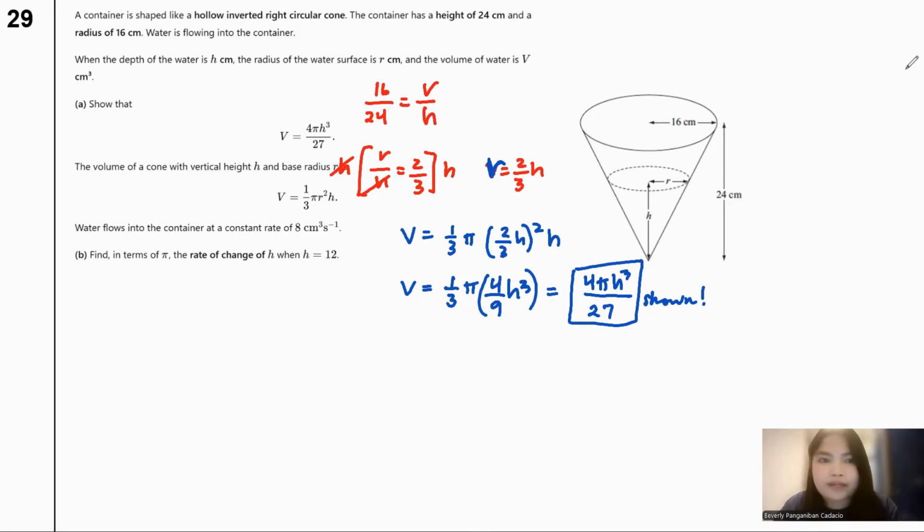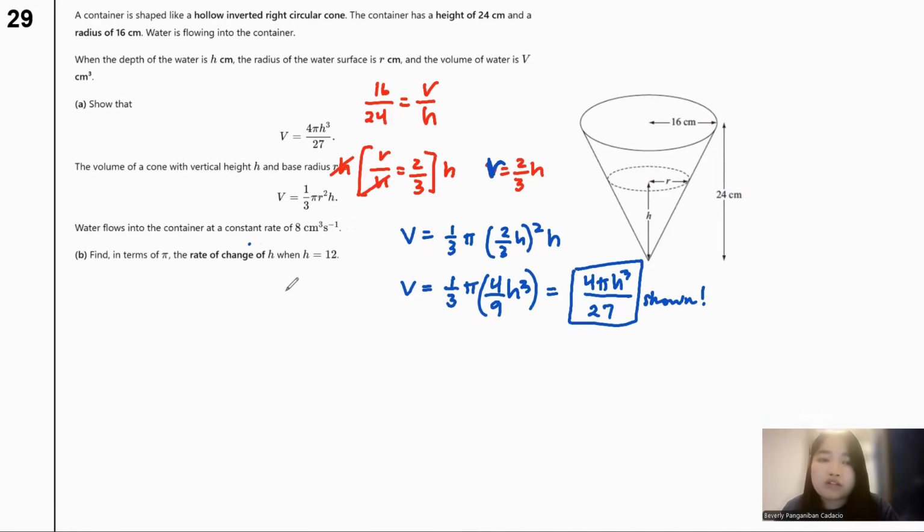Find in terms of pi the rate of change of H when H is equal to 12. Okay, you need to understand this a lot, and then what are those givens? So 8 cm cubed per second. Find the rate of change. Rate of change, you know, will be derivatives.